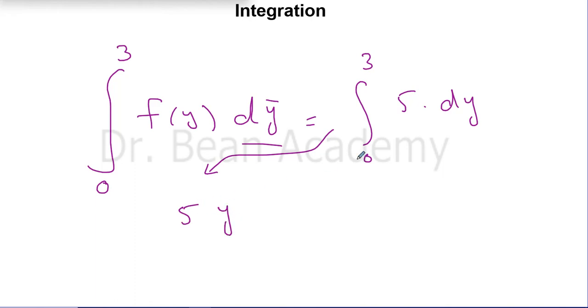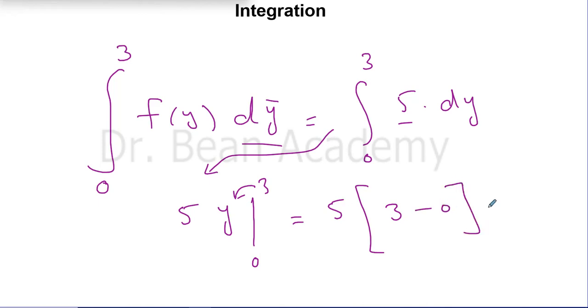Always remember that if I have a constant, then I will get 5y, because the orientation is now reversed and the limit is 0 to 3. Since 5 is constant, this limit will just go into the y. So first it's 3, minus 0, and I got 15. So you see, I still got the same area.